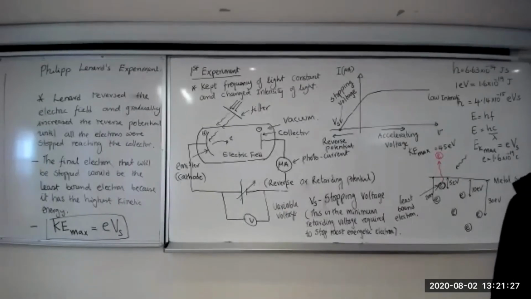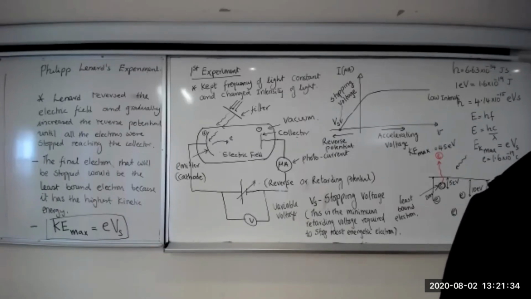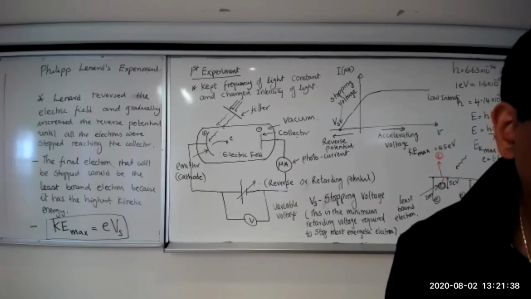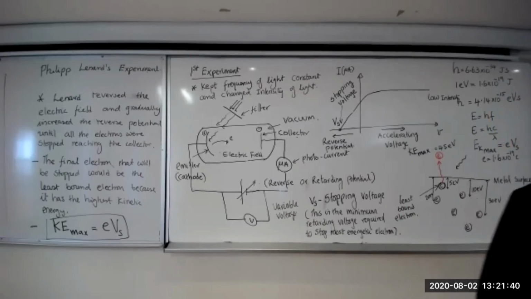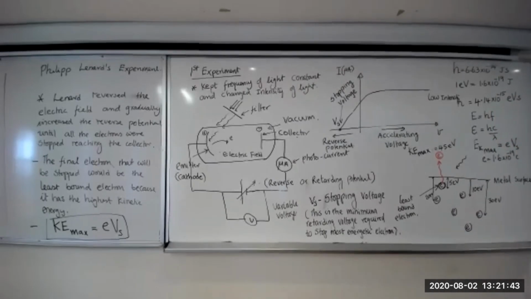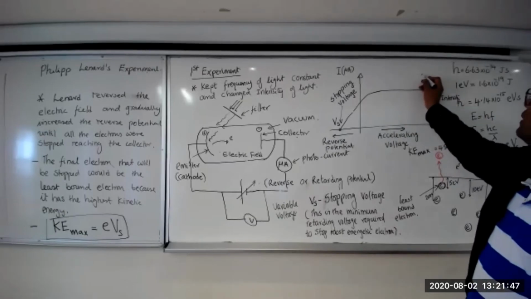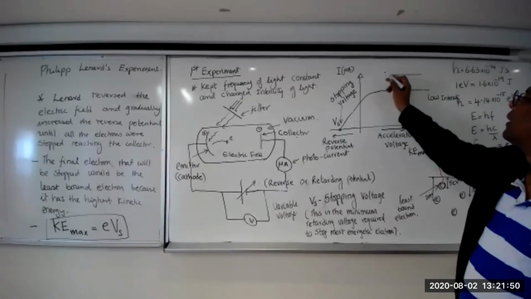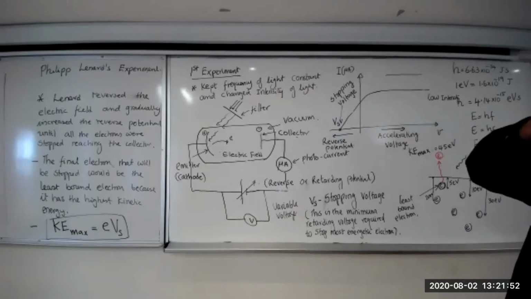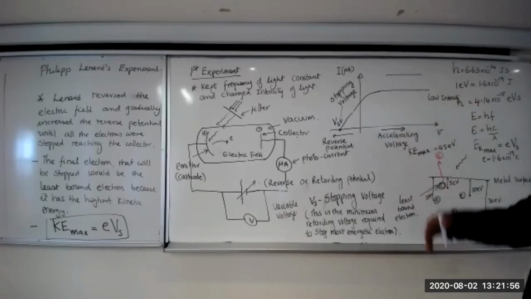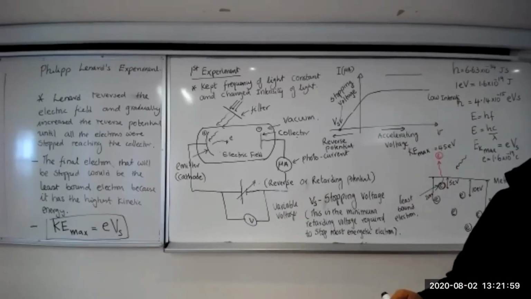Now, how far are you guys grasping this? Justin, what do you think? Okay. Now he increased the intensity. That's the high intensity light. Now the wave model predicted that, okay, if I am giving higher intensity light to the metal, you supply more energy.